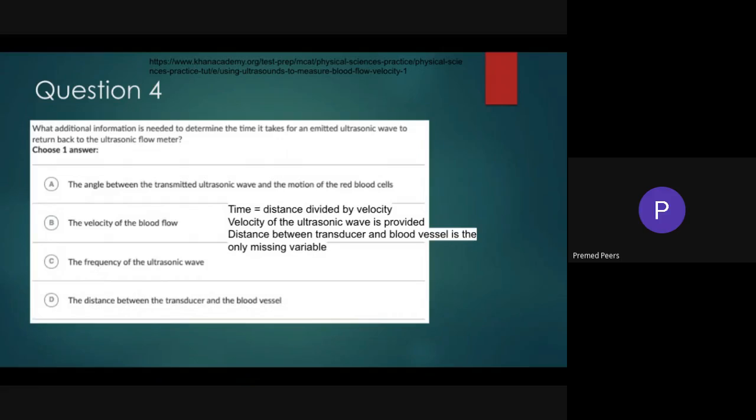I'm pretty sure it's that 1.5 times 10 to the fifth centimeters per second that they're talking about. Do you guys agree with that?